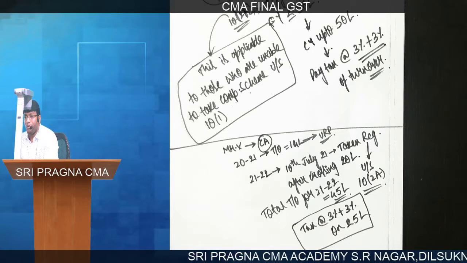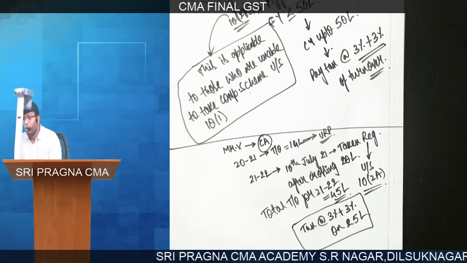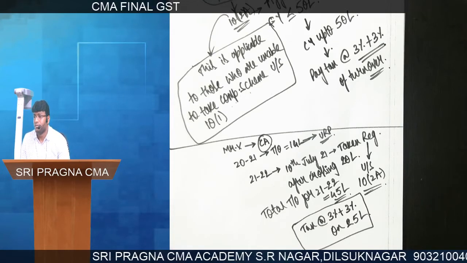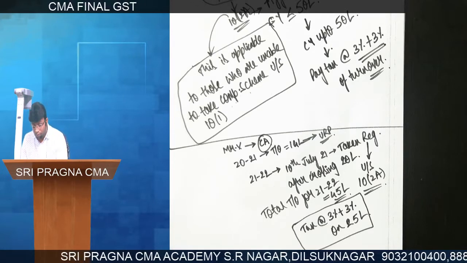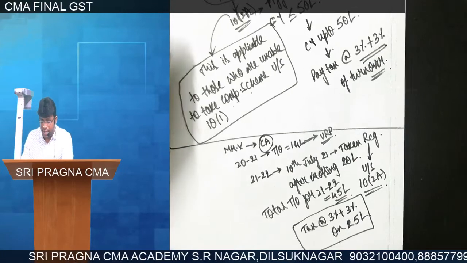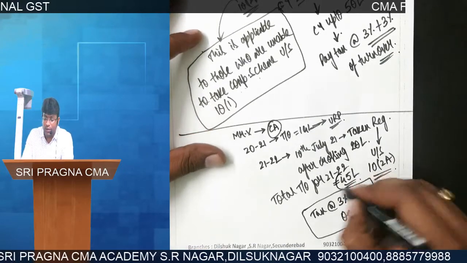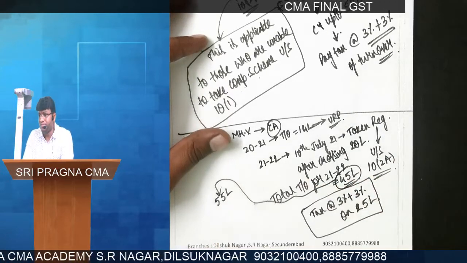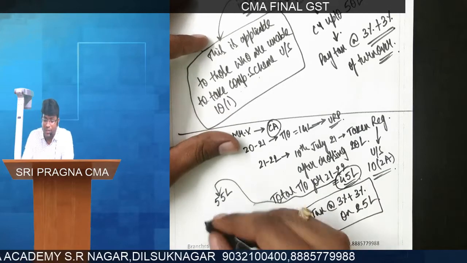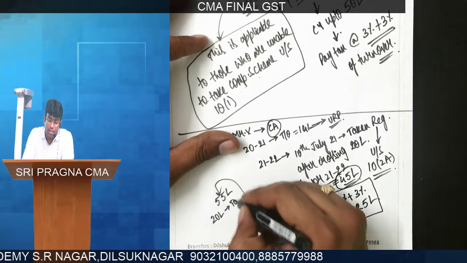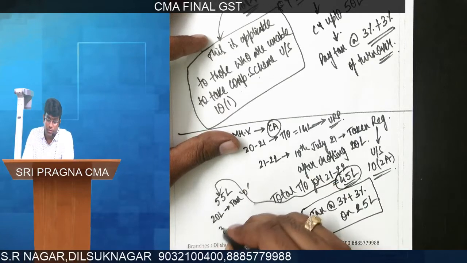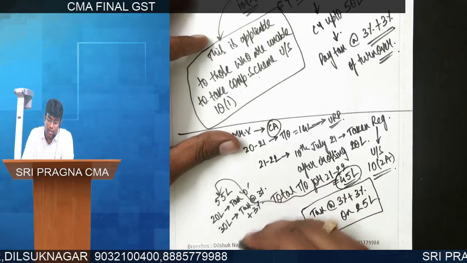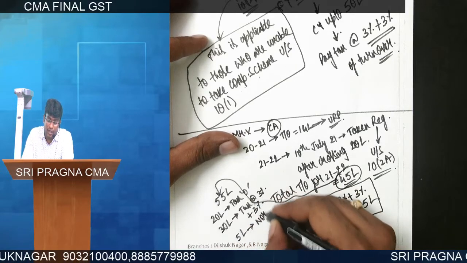Finally, last, put side heading: points to be noted. A small doubt: imagine a small case like this, total turnover is 45 lakhs we discussed. Instead of 45 lakhs, imagine it became 55 lakhs. Then what will happen is, 20 lakhs, tax is 0. 30 lakhs, tax at 3% plus, and the last 5 lakhs, normal rate.